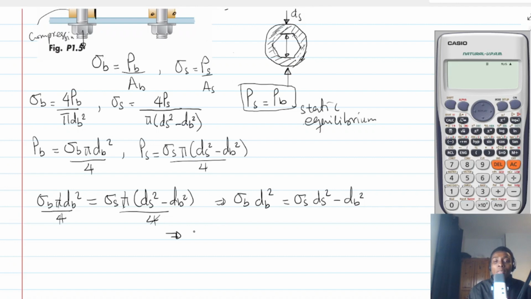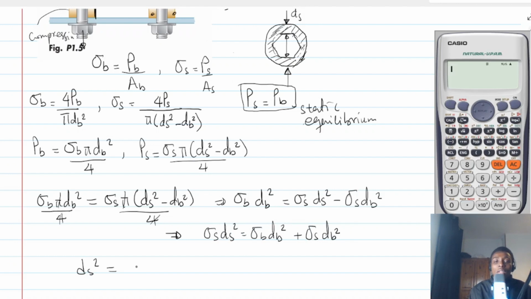So we can say that sigma b dB squared plus sigma s dB squared equals sigma s dS squared. We want to make dS the subject.